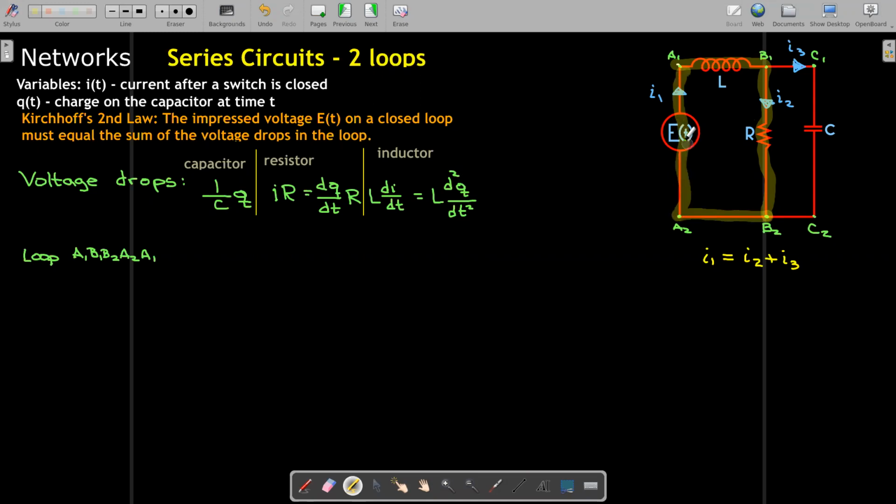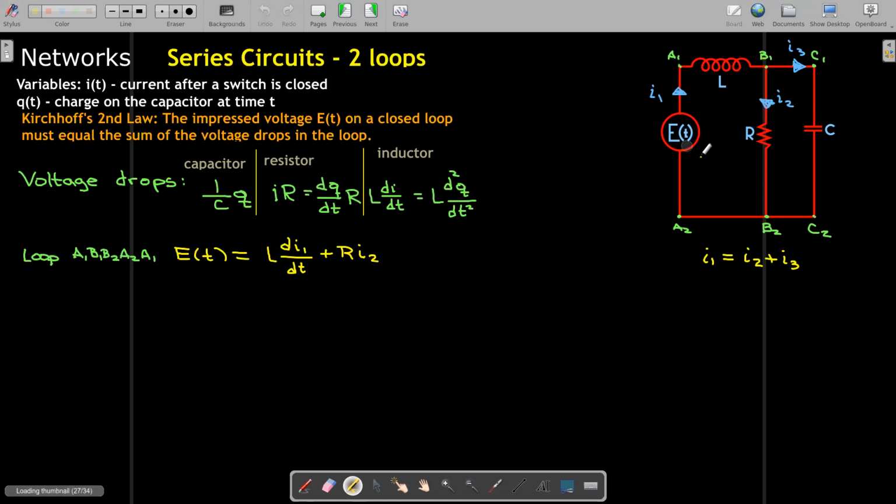I'll have my impressed voltage, and when I pass through the inductor, I'll get a voltage drop connected to I1, so the derivative di1 dt. And then I'll go past B2, part of the current goes towards C1. I'm interested in the part that's going towards B2. That is called I sub 2. And that'll get multiplied times the value of that resistor to give me the voltage drop.